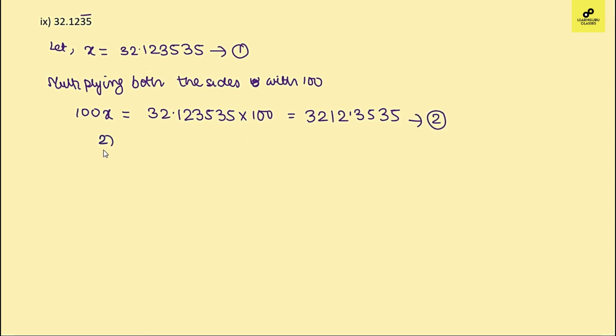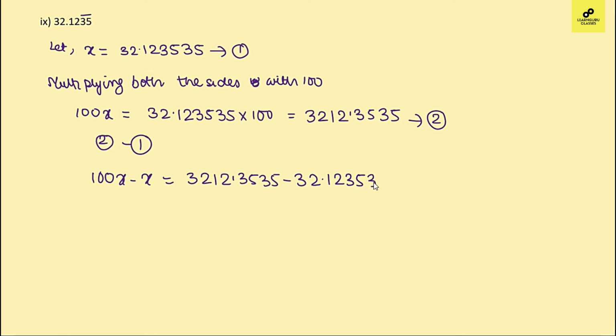So this is equation 2. So 2 minus 1. So this will become 100x minus x, 3212.3535 minus 32.123535. Let's subtract it.